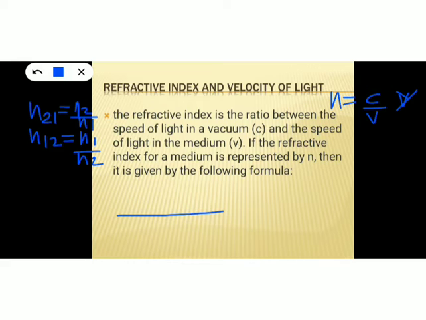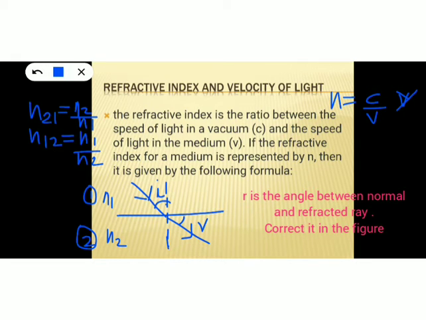This is the boundary separating two media. This is the first medium. This is the second medium. Let N1 be the refractive index of the first medium, N2 be the refractive index of the second medium. This is the normal, and the light ray has entered or is incident on the first medium. At the boundary it will bend and it will pass. This is the angle of incidence and this is the angle of refraction.